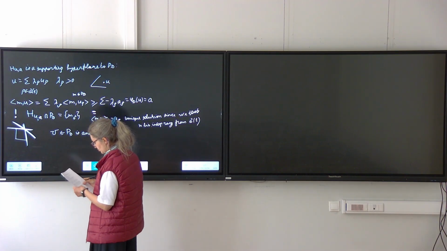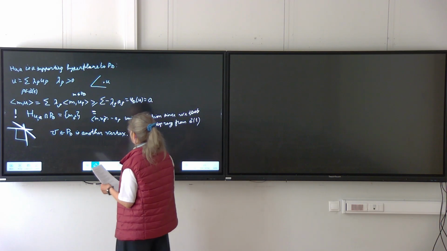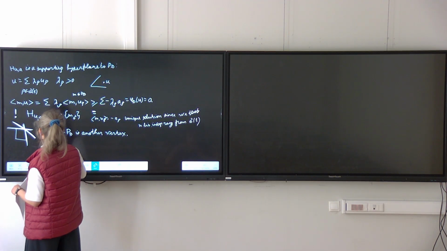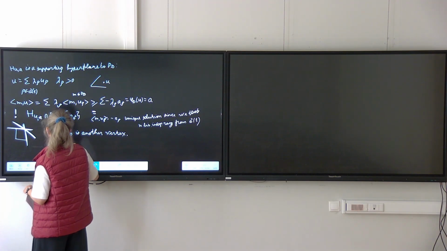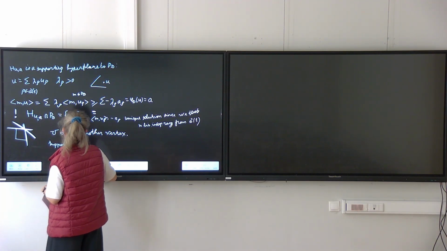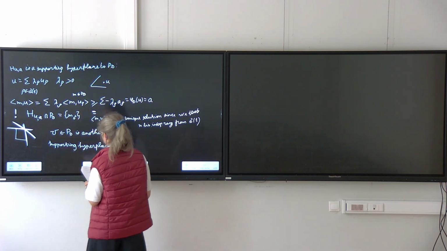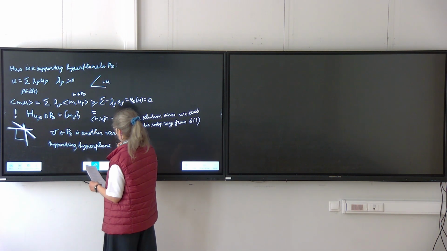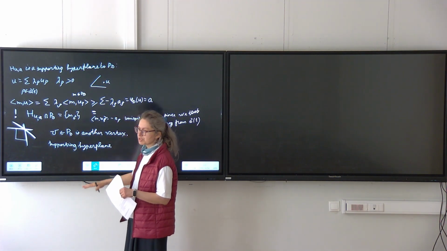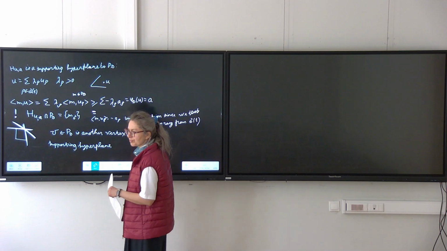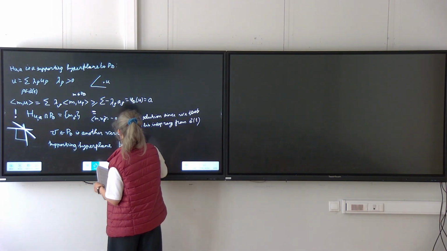So it has a supporting hyperplane, just because there is a linear function which is of some sign on our polytope. So it will be H_{U,A}.